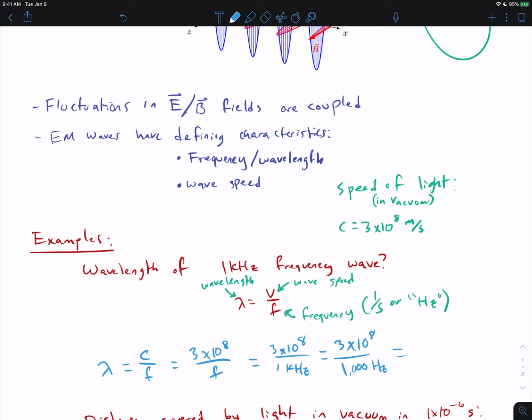Okay, so this should give us 3 times 10 to the 5 meters, right? So here we have our wavelength. If it's a 1 kilohertz wave, then this is its wavelength, okay? Some 300,000 meters.